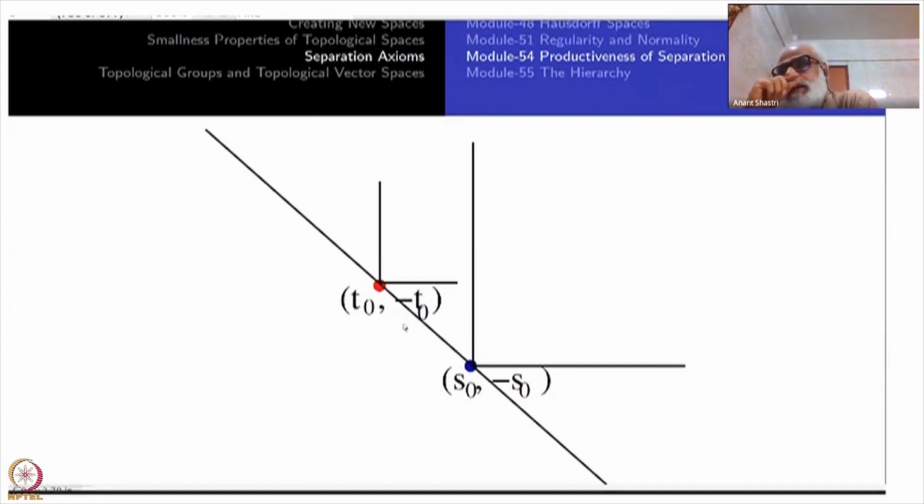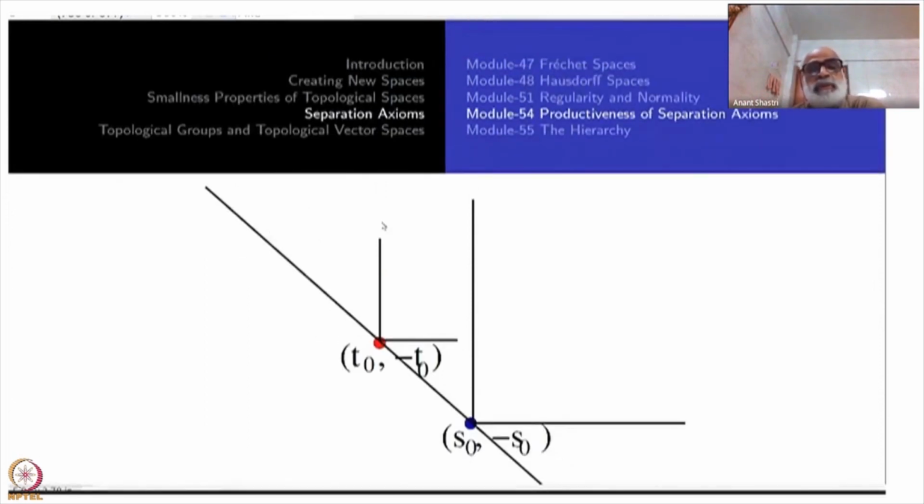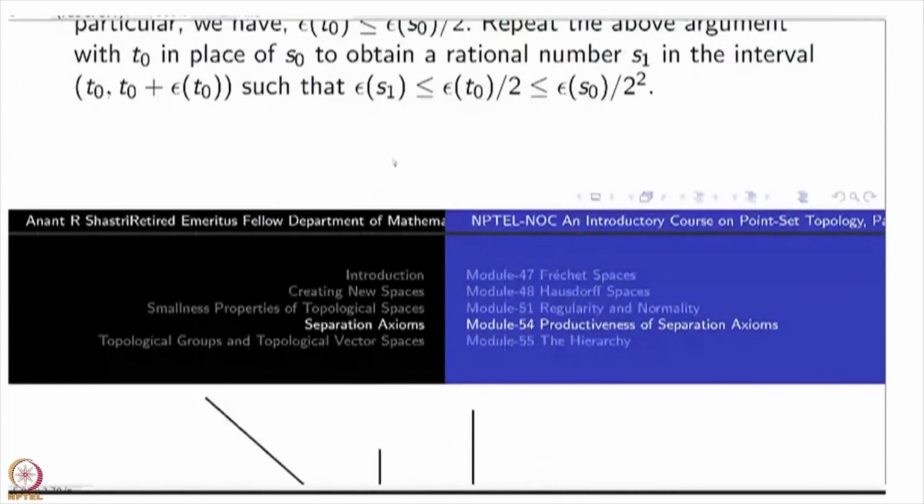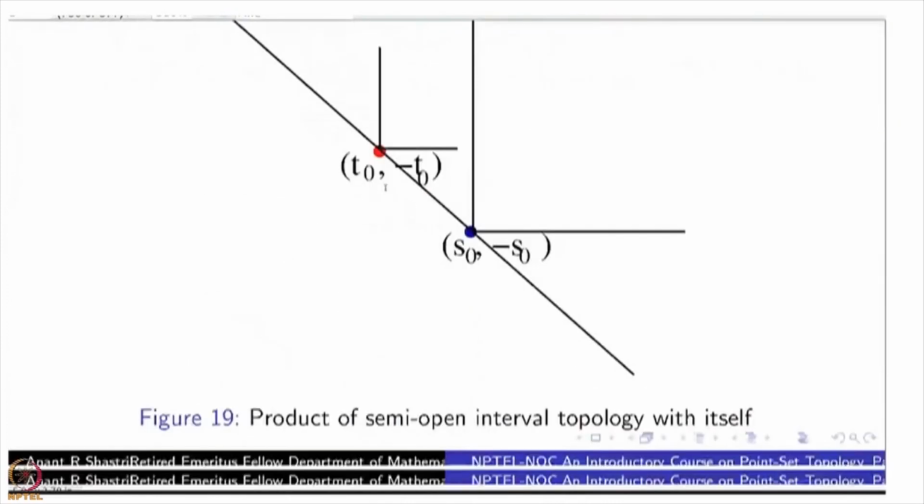Alternatively, they will be between T0 and S0. So that's how I am going to choose those numbers here. One cycle is clearly stated and you repeat it. So what do you get?